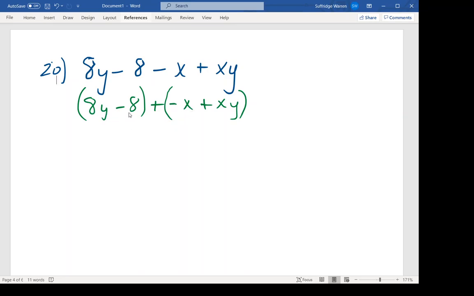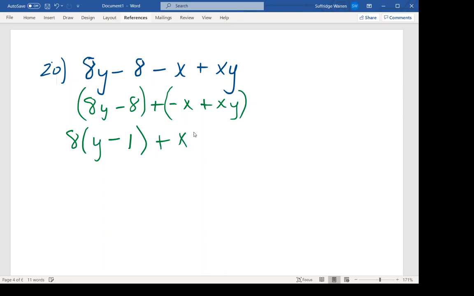So now we're ready to factor each of these. The greatest common factor of this first binomial is 8, and so you're left with 8 times y minus 8 times what is 8? You've got to put the 1 there. Alright, so there's your factorization of the first binomial. And now we have plus, and now look at the common factors of negative x and plus xy.